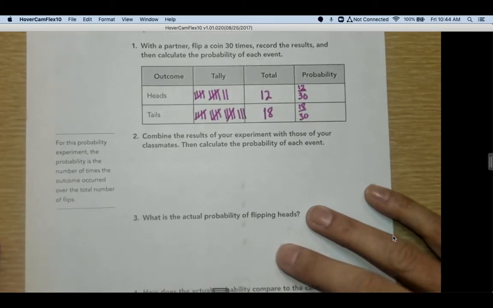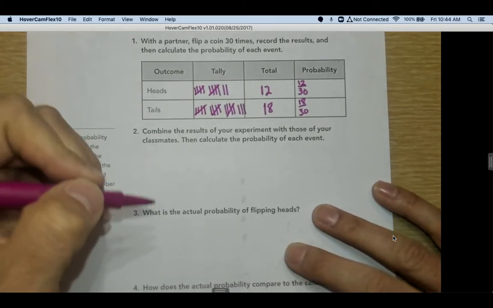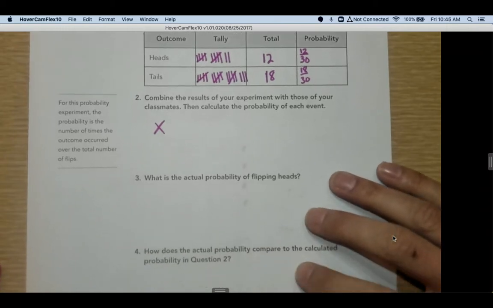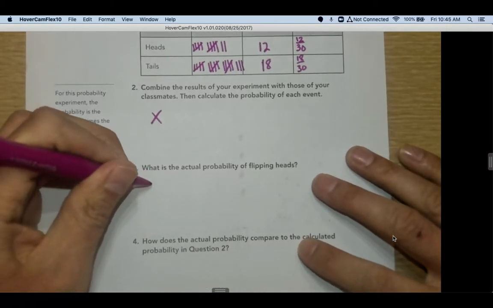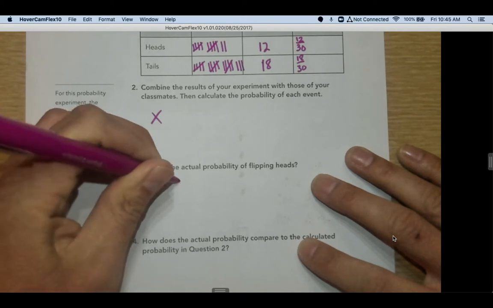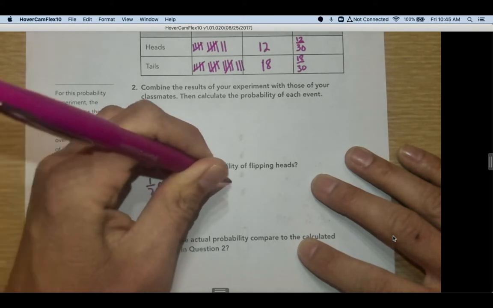Combine the results of your experiment with those of your classmates, then calculate the probability of each event. What is the actual probability of flipping heads? 1 out of 2, or 0.5, or 50%.